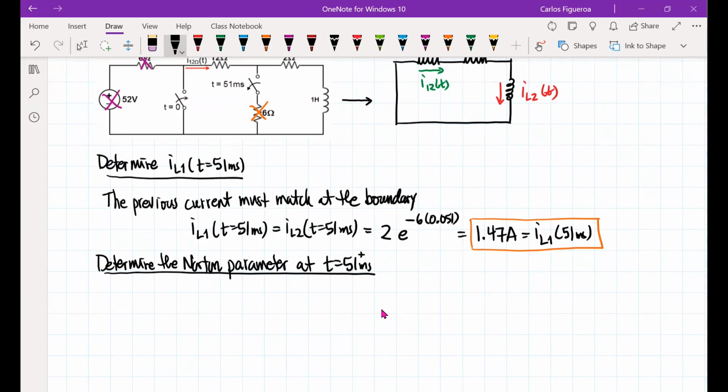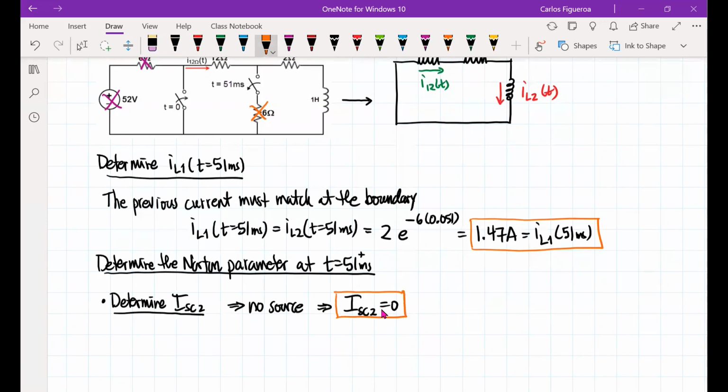First thing I want to determine is I short circuit 2. And again, this is fairly straightforward because there's no source. So there's nothing supplying the inductor. So that means that I short circuit 2 must be 0.